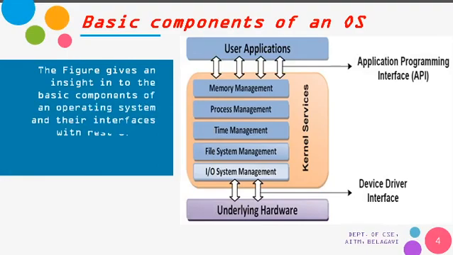Okay, so this figure gives the insight into the basic components of the operating system and their interfaces with the rest of the world here. So in this figure we can see the user applications, the kernel services and the underlying hardware here. So the kernel is a part of the operating system, which gives services like memory management, process management, time management, file system management, then input output system management here.